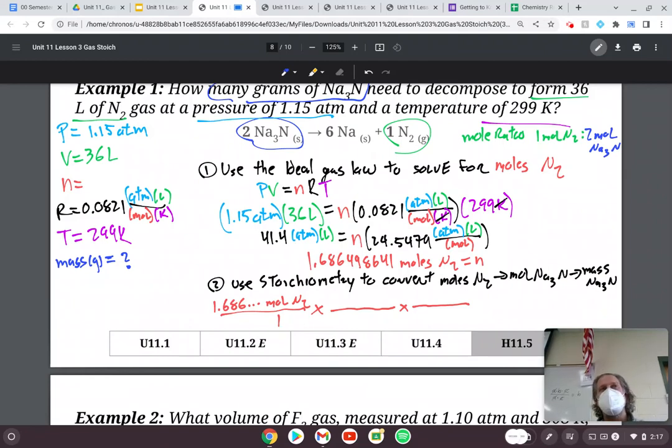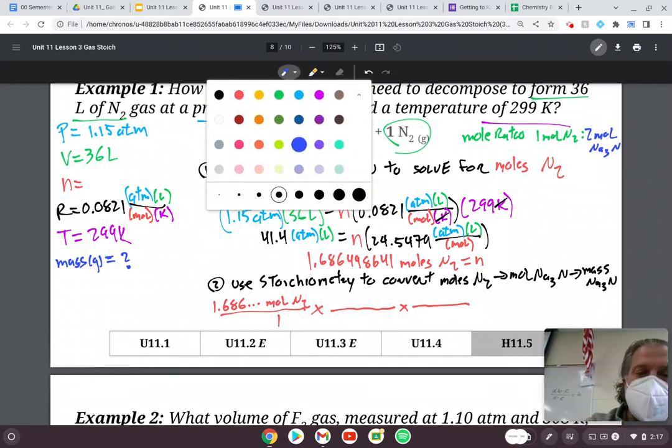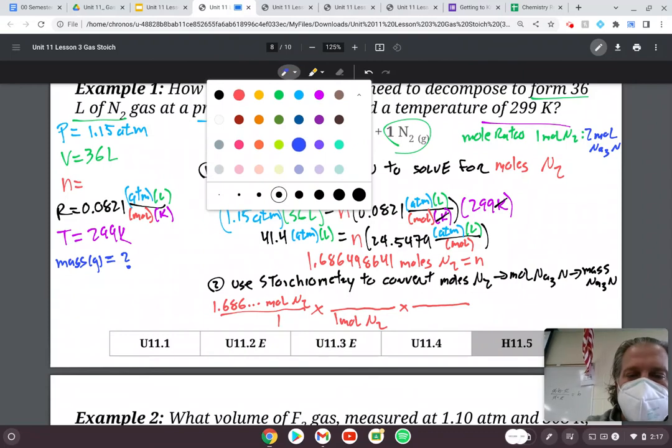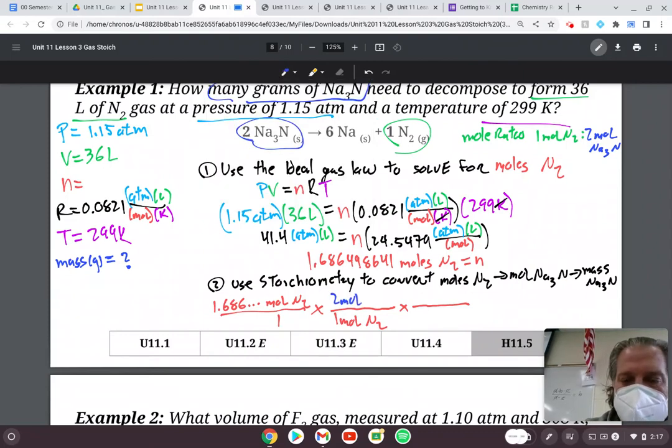I'm going to set this problem up so that moles of N2 cancel out, so I'm going to put the 1 mole of N2 on the bottom and the 2 moles of Na3N on the top. So we used our mole ratio.